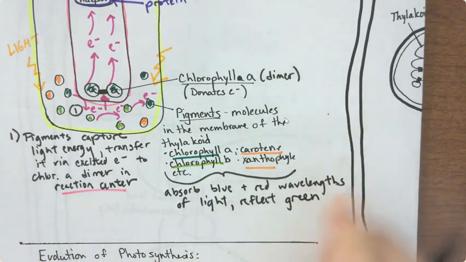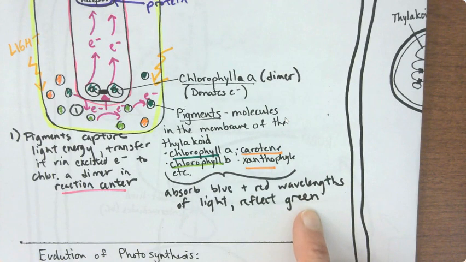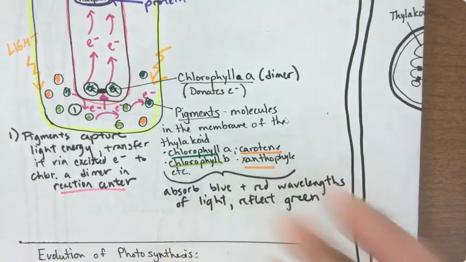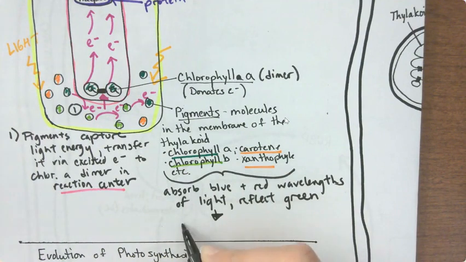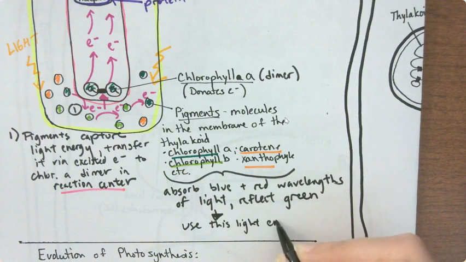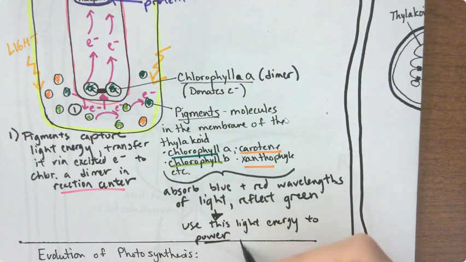So if you see a plant and it looks green, that's not because it likes to use green to power photosynthesis. It's because it's rejecting green. So these blue and red wavelengths are being absorbed, and we use this light energy to power photosynthesis.